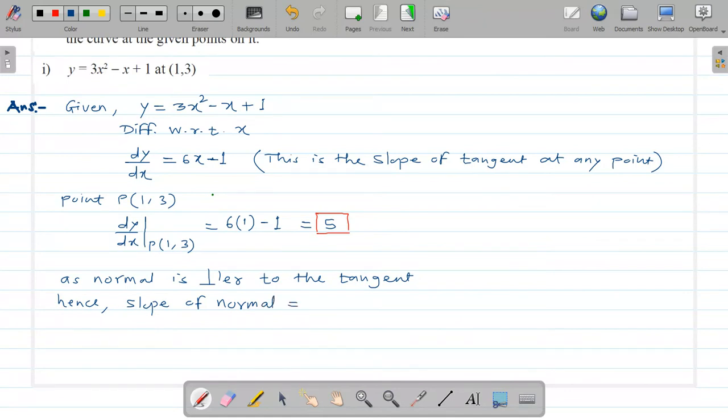Now slope of normal is the negative reciprocal of this slope of tangent. Now this is 5, so you have to write minus 1 upon 5 as the slope of normal.